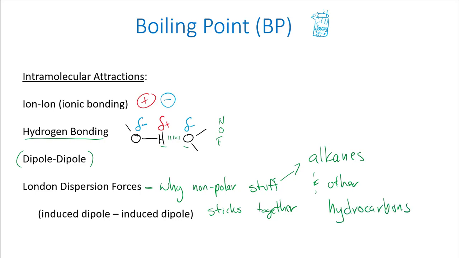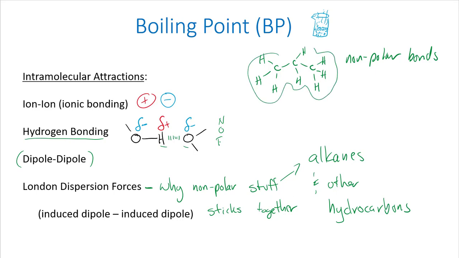So if you have a molecule like butane, or we'll just draw an even easier one, like propane, that's all carbons and hydrogens, all non-polar bonds. The attraction between one propane, and let's just draw it as if, here's the surface of the molecule.